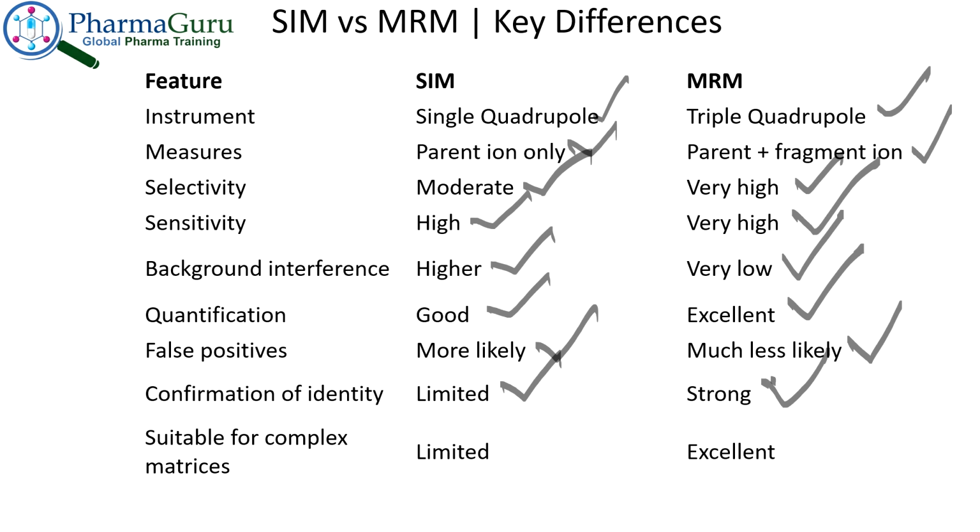Suitable for complex matrices: SIM limited, whereas MRM excellent. Based on this comparison, we can say that MRM is selective, specific, and better than SIM.